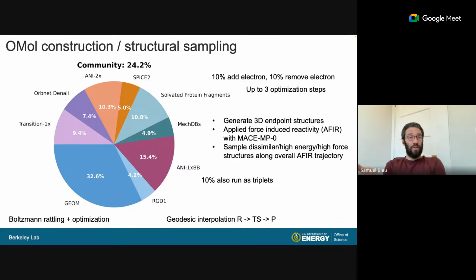We also save the wave function, the dipoles, partial charges and spins, and lots of other information that's either already released or will be released in the near future. But essentially, this is the simplest thing that one can do as far as electronic structure: calculate the total energy and the force on each atom.